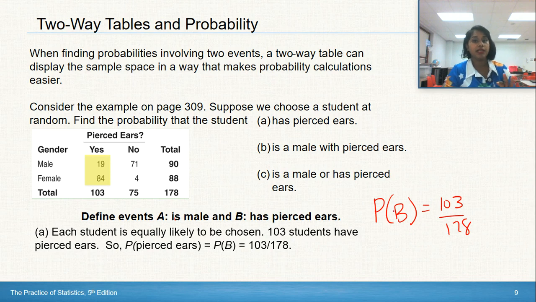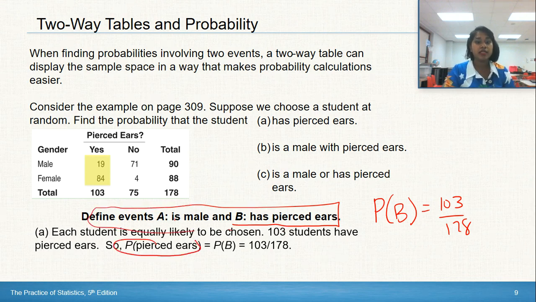But if B wasn't clearly defined, you have to define it: B has pierced ears. Look at that. We defined our events right here. And if you don't define it, then this is another thing you could write. So you can literally write the vocab or the wordage or however you want to call it. There's a specific word.